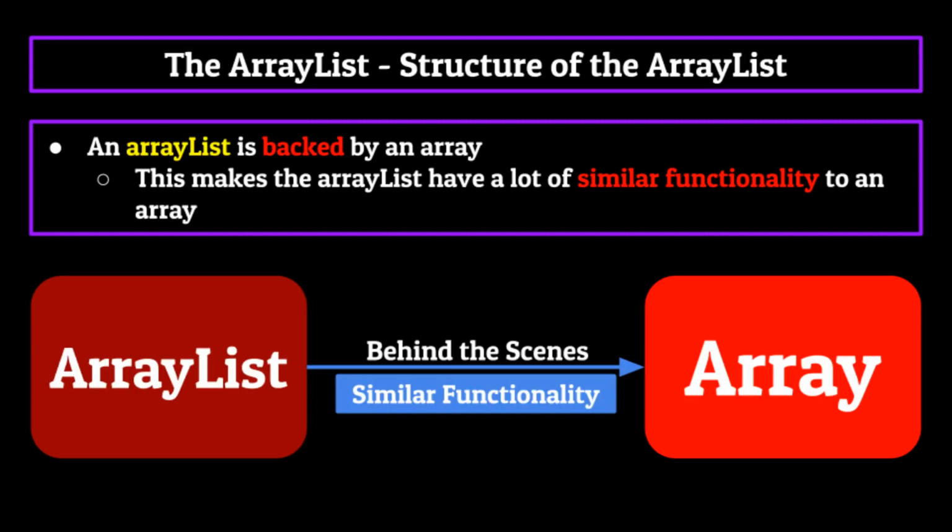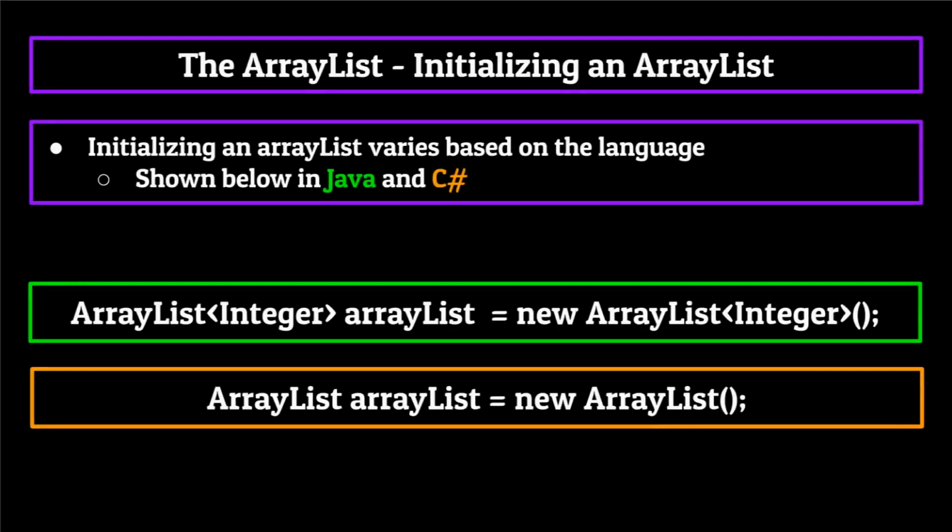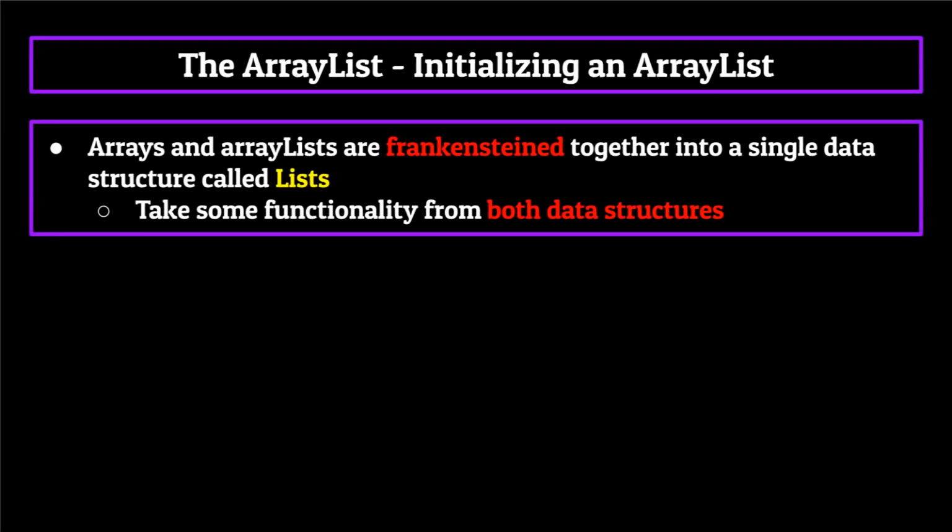The next thing I want to do before we talk about functionality is actually go over how we initialize an array list. To do this again is going to vary based on which language you're using. So shown on your screen now are two different ways to do so in Java and C#. You may notice again that there is no Python on the screen. And this is because in the base version of Python, arrays and array lists are actually not separate entities.